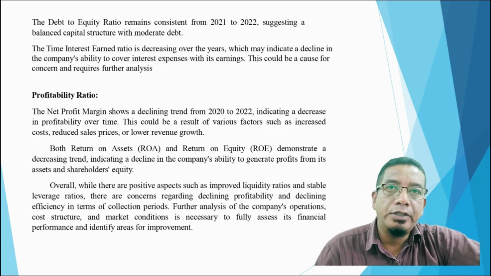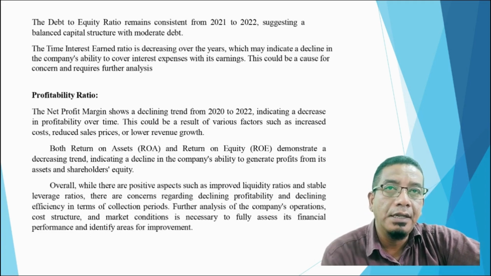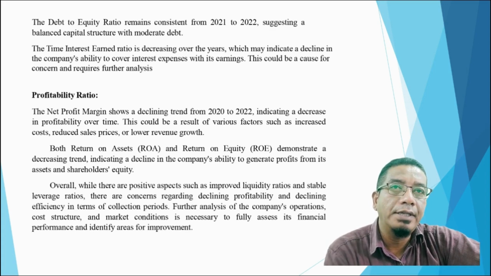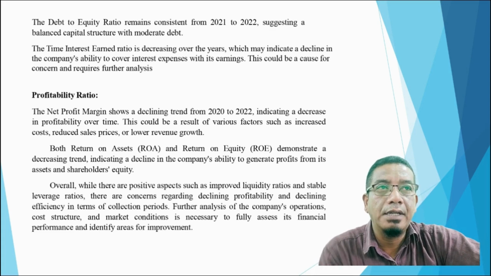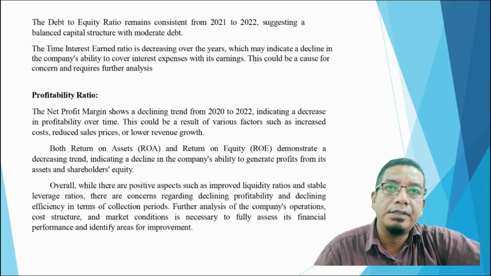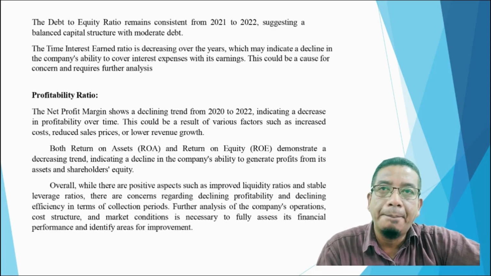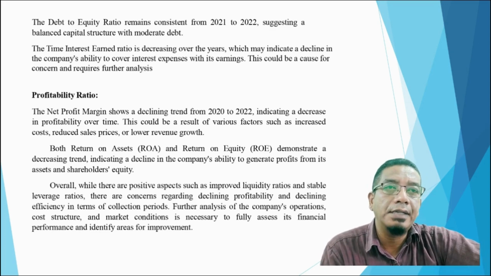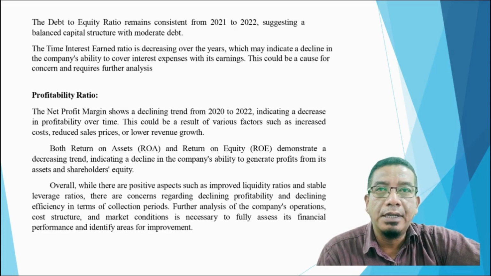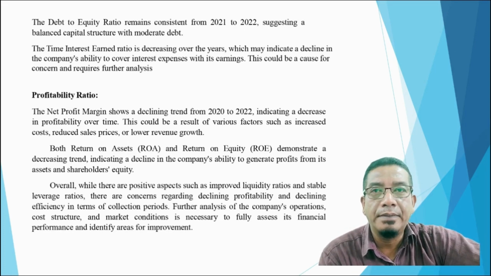The current ratio is consistently above one, suggesting that the company has sufficient current assets to cover its current liabilities. The quick ratio, which excludes inventory from current assets, also demonstrates a healthy liquidity position.